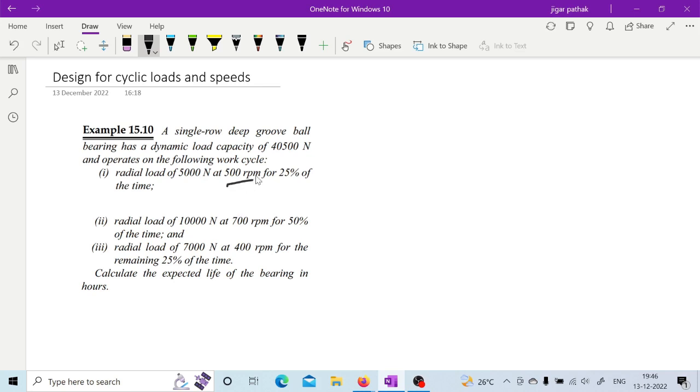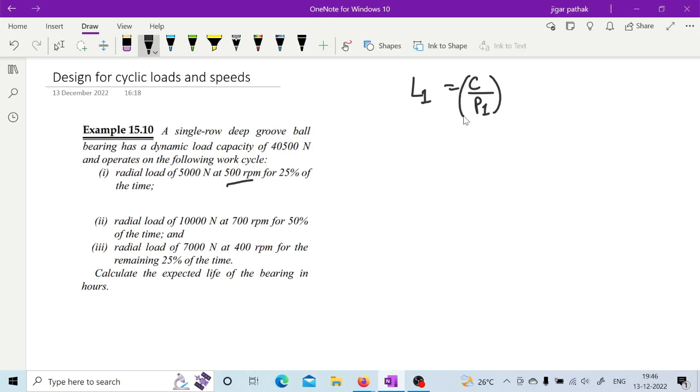So if this kind of situation is there, first we have to have an idea about all the different loads. Suppose that for P1 we are assuming that the life is L1.